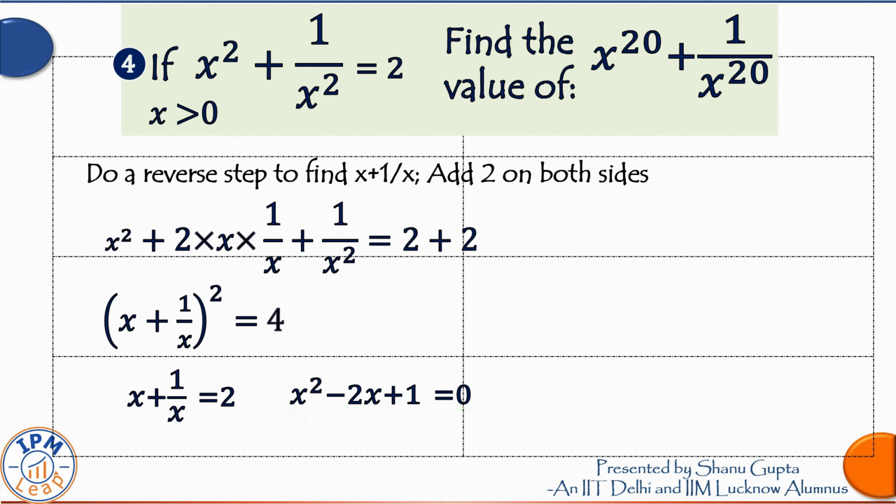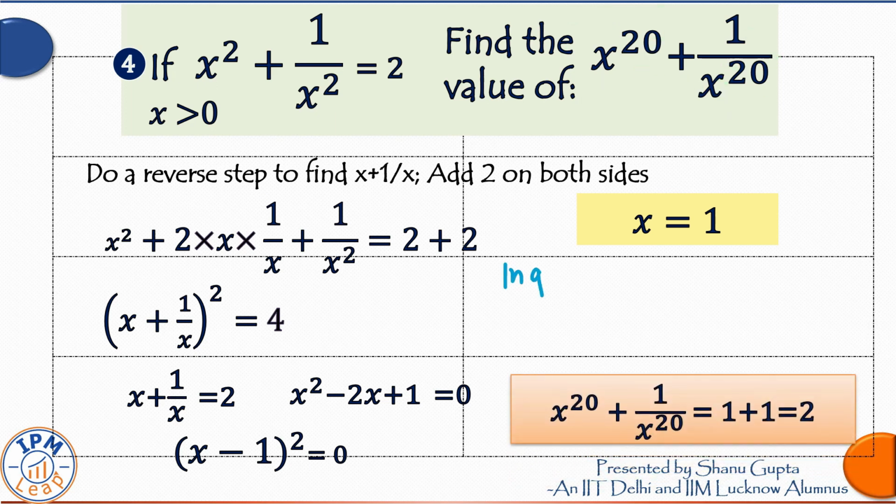What are the roots of this equation? This quadratic equation means x is equal to 1. The roots are 1 and 1. So no matter what power of x is raised, once we put 1 here and 1 here, the resulting value of this expression will be 2 always.